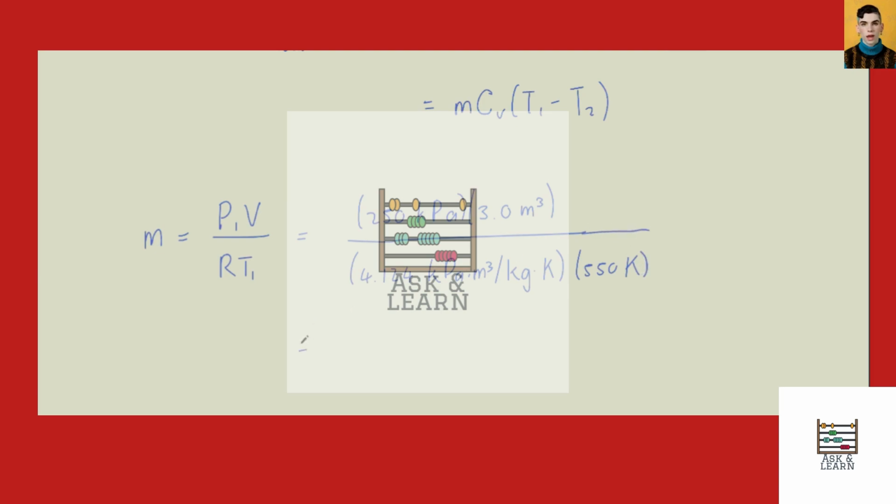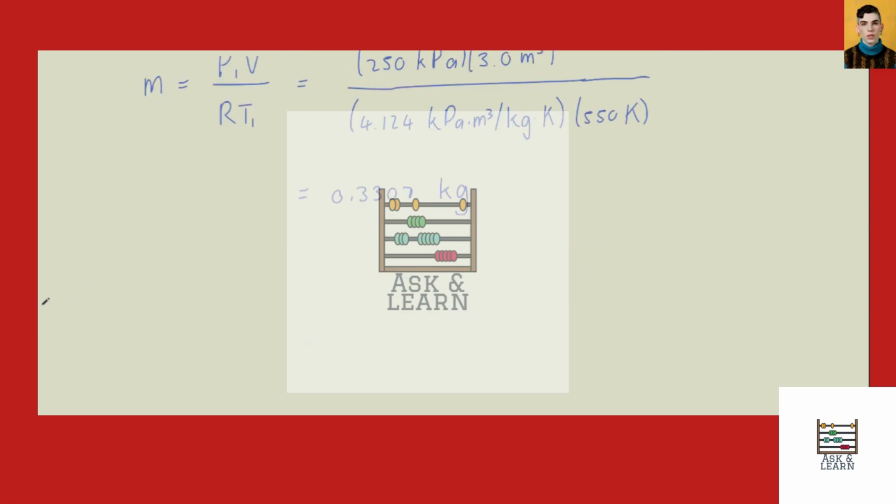And so we get the mass of the hydrogen gas to be 0.3307 kg.